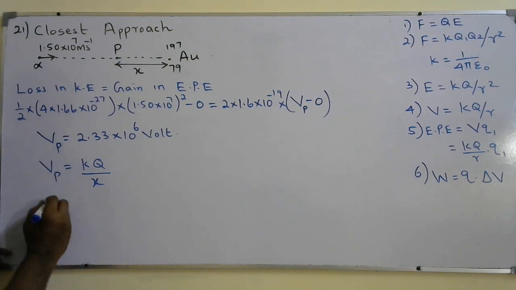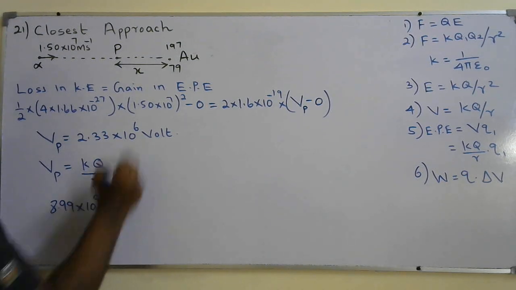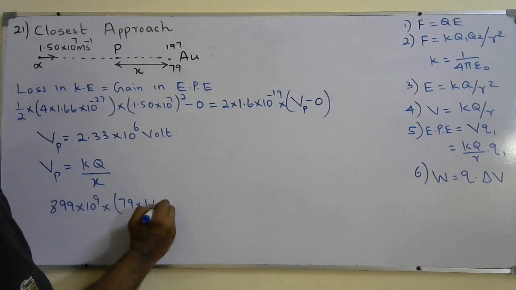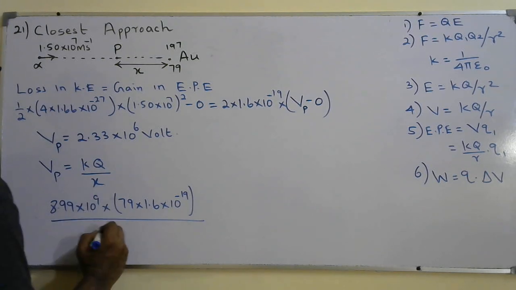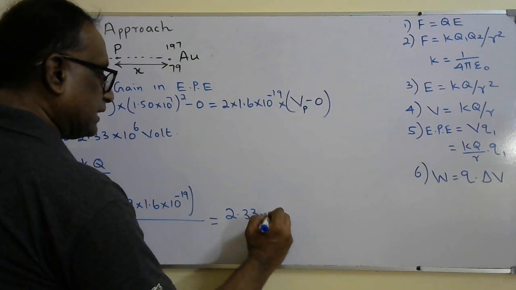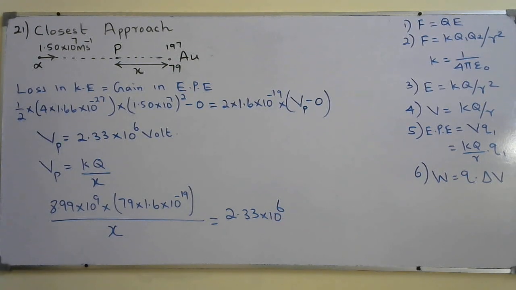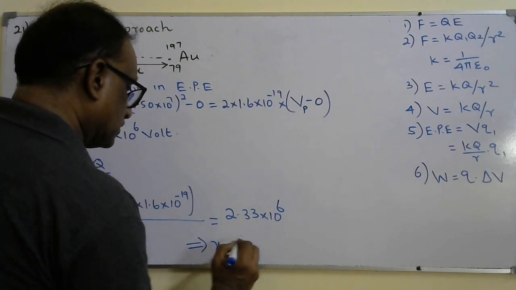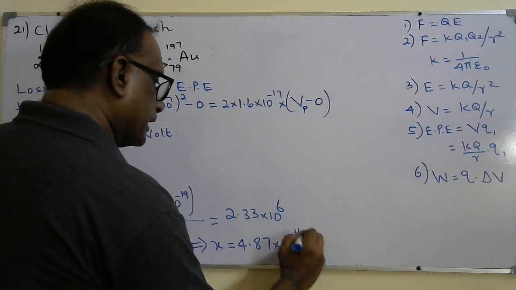So I need to find x. k is 8.99 × 10^9, the charge is 79 protons, 79 × 1.6 × 10^-19, divided by x, and that is equal to Vp, which is 2.33 × 10^6. Solving, x will be equal to 4.87 × 10^-14 meter.